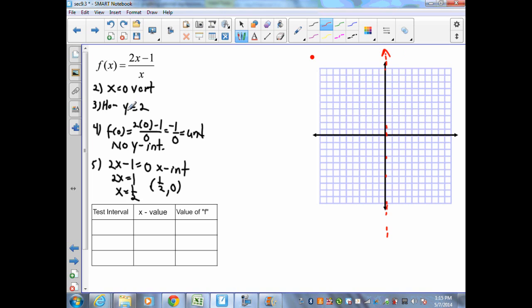I have a horizontal asymptote at y equal to 2. I don't have a y-intercept, but I have an x-intercept at (1/2, 0).